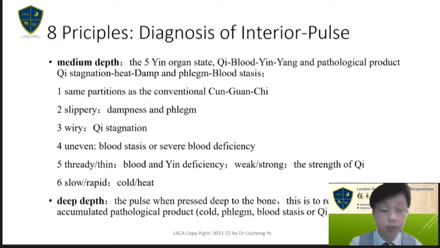And then deep depth: when you push the pulse deep down to the bones, this is what is called deep depth. If there is a pulse showing up here, it normally indicates a deep-down stagnation of secondary pathologies, for example cold, phlegm, blood stasis, or chi stagnation.